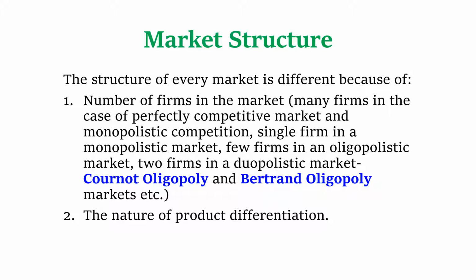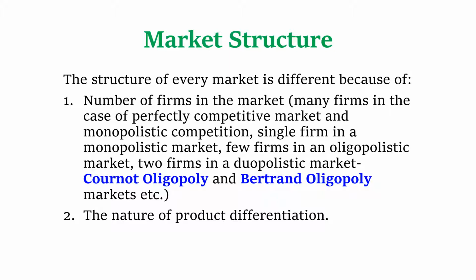Now, certain markets have one single firm. That's the case of a monopolistic market. Some markets have many firms, like the perfectly competitive markets, where you have so many firms, a large number of buyers and sellers, that take the price of the market as given.